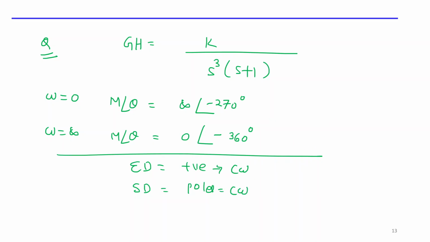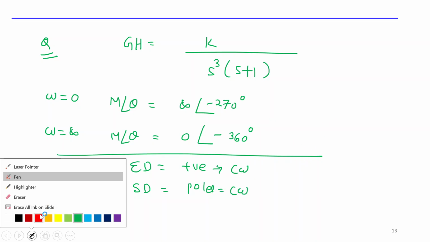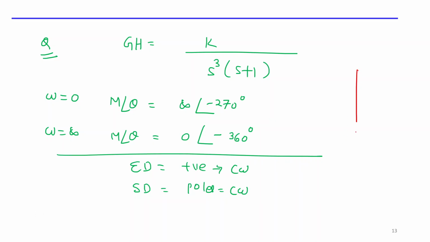Okay, so let's do the polar plot. First, you have to do the polar plot of this question. You have to start at infinity and minus 270, but in the clockwise direction. So let me start here, and you have to reach minus 360 and 0, moving in the clockwise direction.